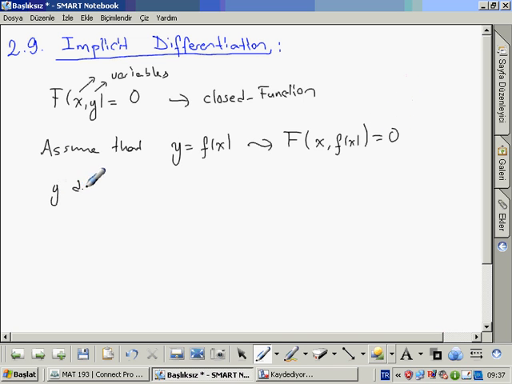The y values depend on the x value, and x is the independent variable, y is the dependent variable.